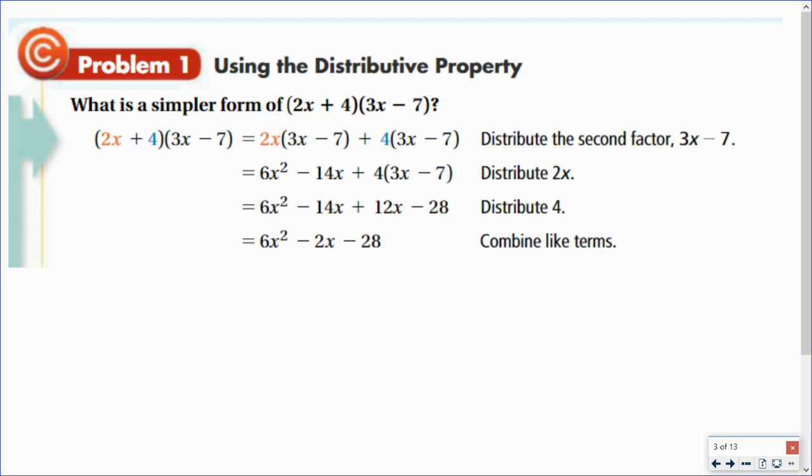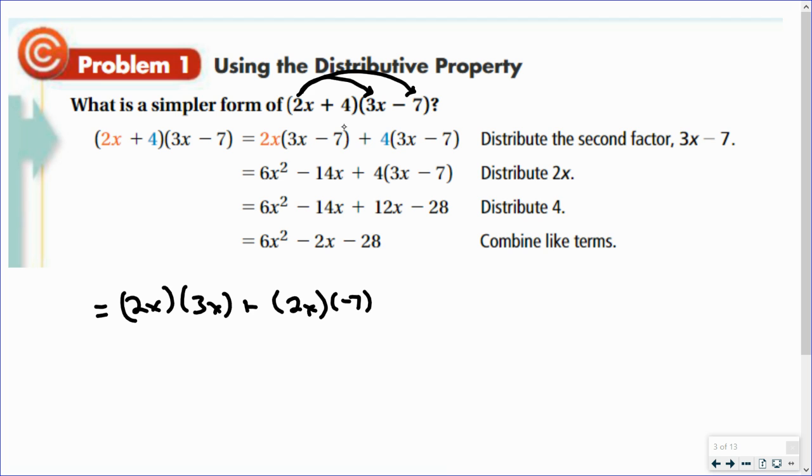What I end up doing is multiplying this binomial times this binomial. So I take 2x times 3x, and then I take 2x times negative 7.